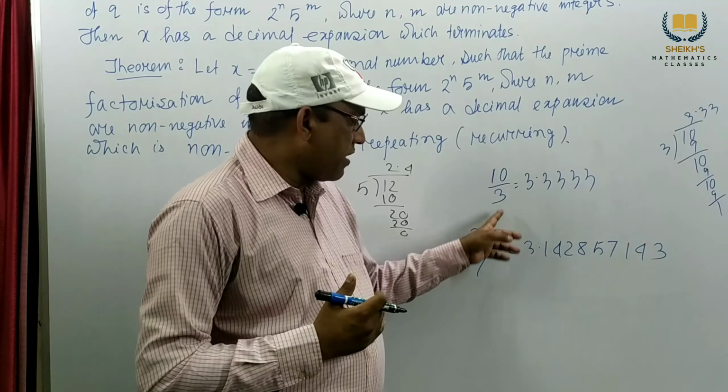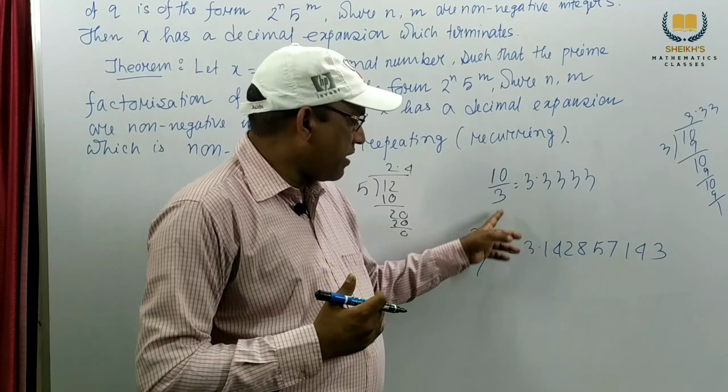So these are the two theorems: if the denominator is of the form 2 to the power n or 5 to the power m, then this decimal expansion terminates, and if it is not of the form, then this is non-terminating.